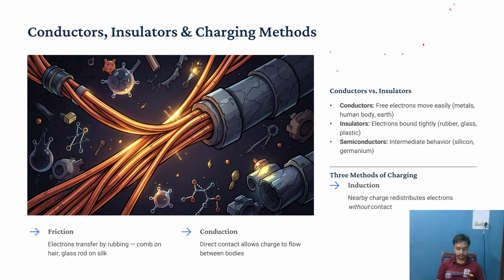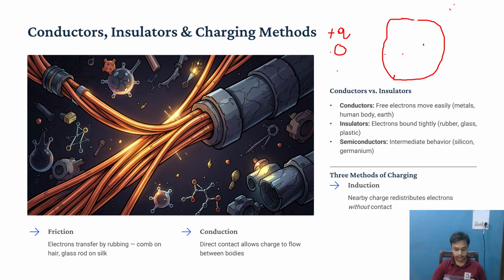Now suppose, let me draw a figure. So this is an isolated neutral conducting body. When a positively charged body is brought close to this body, suppose we have a positive charge, this is a positive charge.